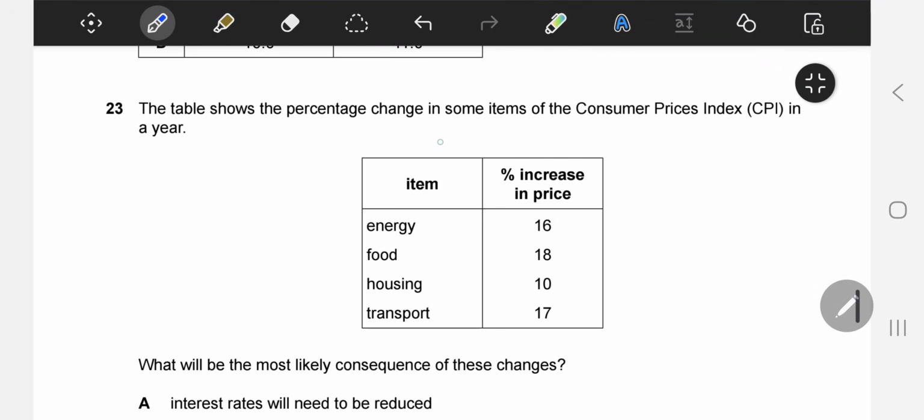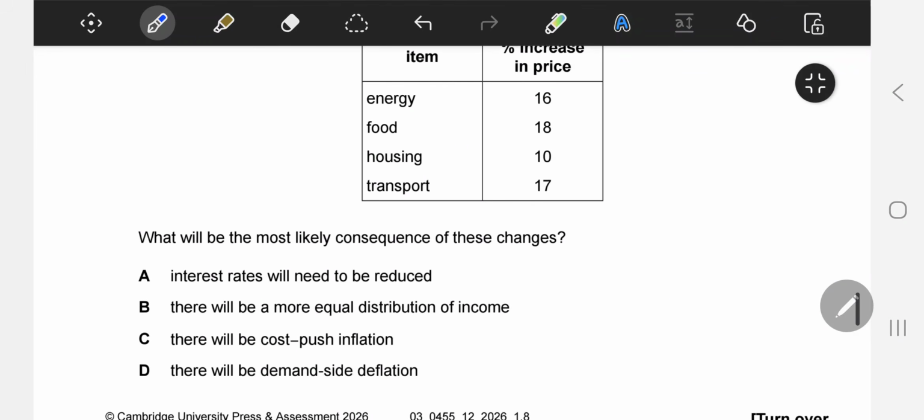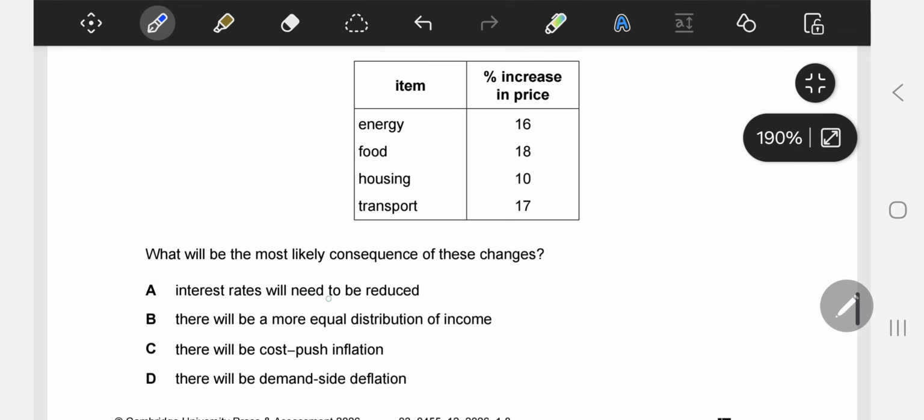The table shows the percentage change in some items of the consumer price index in a year. Okay, energy by 16, food by 18, housing by 10, transport by 17. What is the most likely consequence of these changes? Okay, interest rates will need to be reduced.